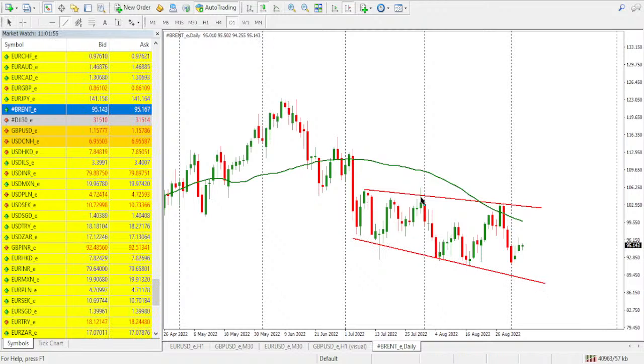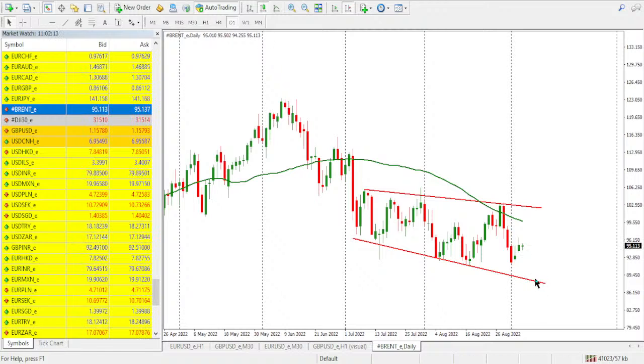So we have a support here, then sorry, this is a resistance, then we have a resistance, we have a resistance. We expect that the price may likely come back upwards, touch this line, or the price may come back down and touch this line here.